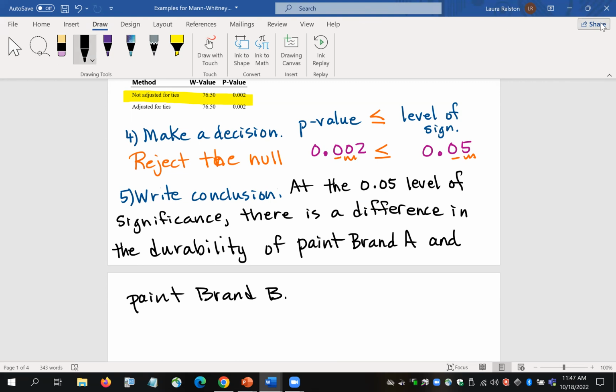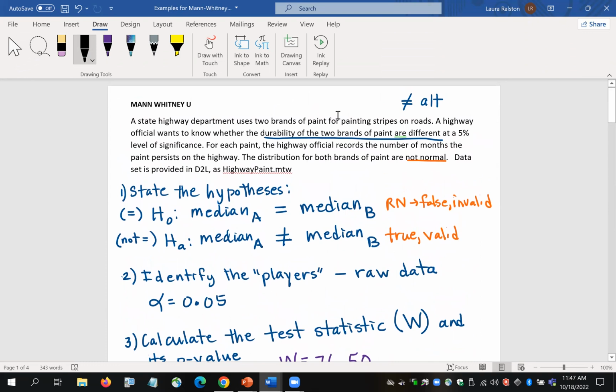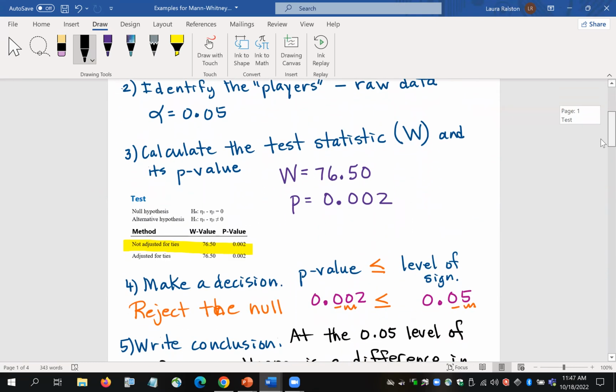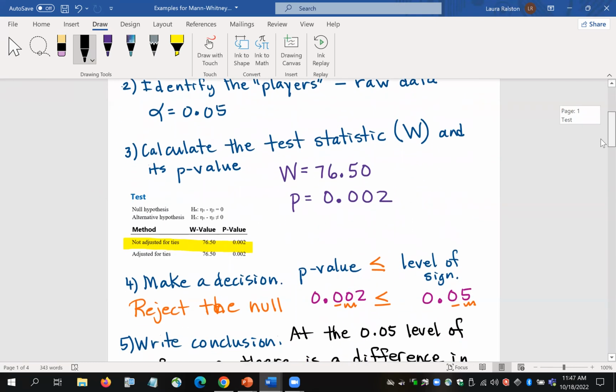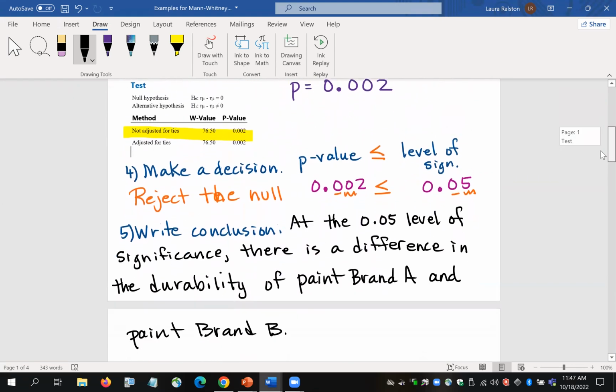The question, remember, was, wanted to know whether the durability of paints are different. Well, we have proven that yes, it is different. Okay, we have proven that it is different.